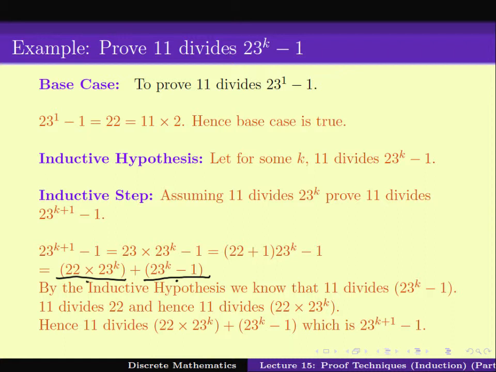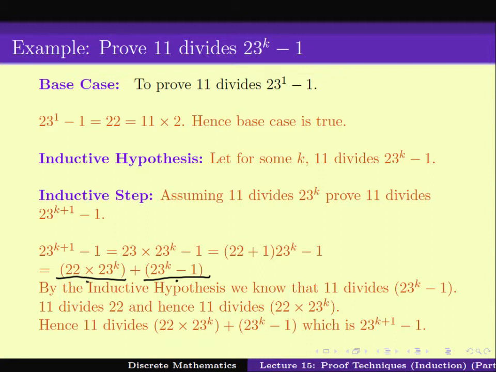So thus, as you can see, the inductive step is not a hard thing to prove. One can easily get the inductive step if we follow it correctly. We have to apply the usual techniques of direct proof or proof by contradiction.